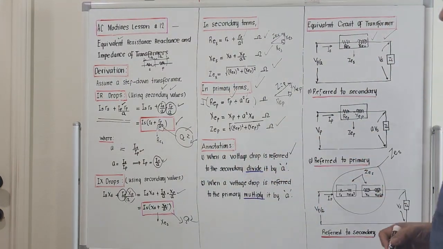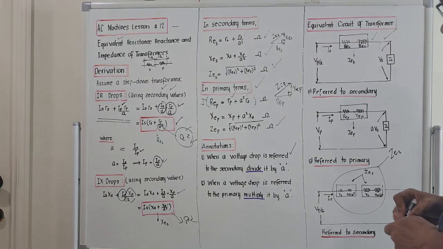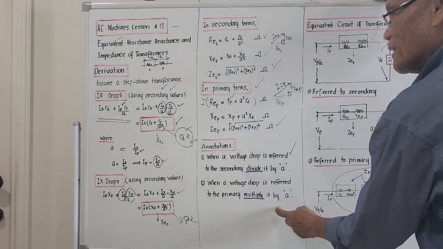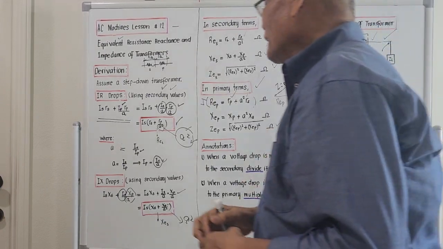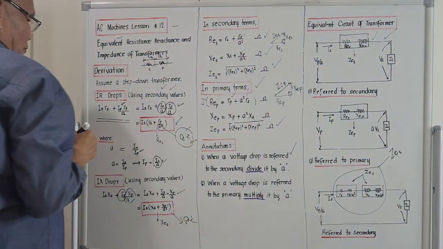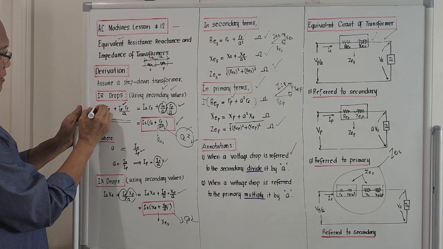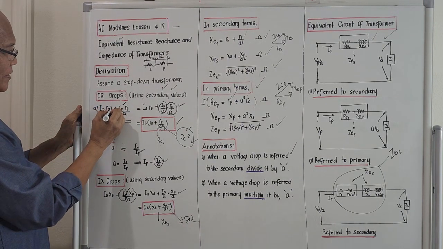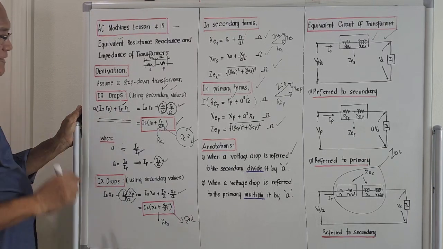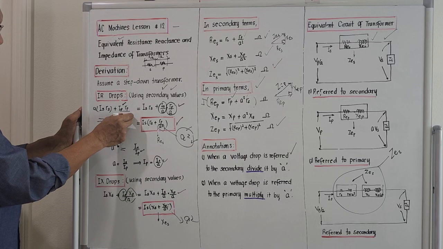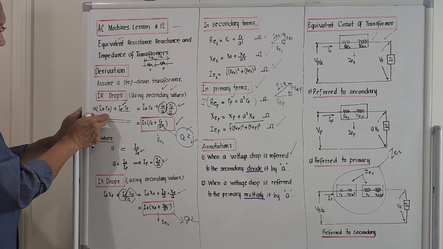But if our computation is referred to the primary, multiply it by A. If we now refer it to the primary, we'll put A here. We remove this one. You got what I mean? This is primary now.